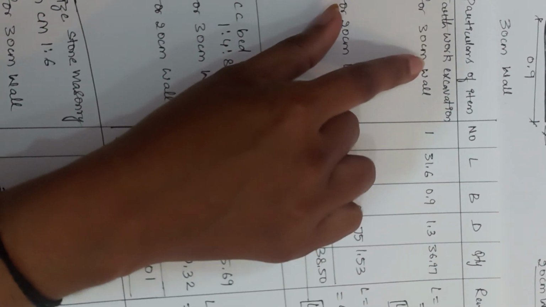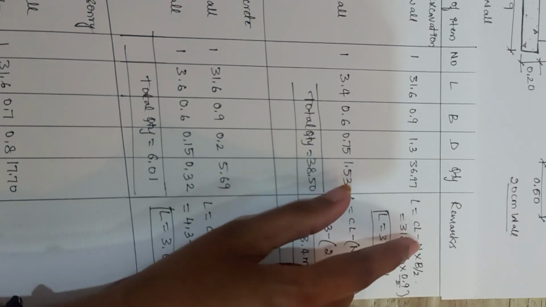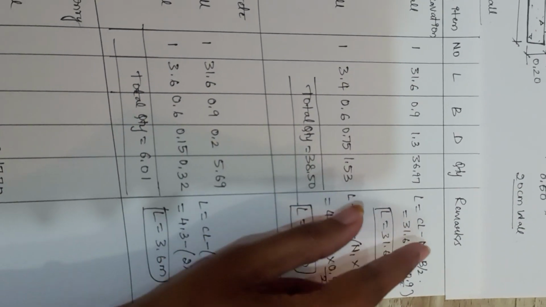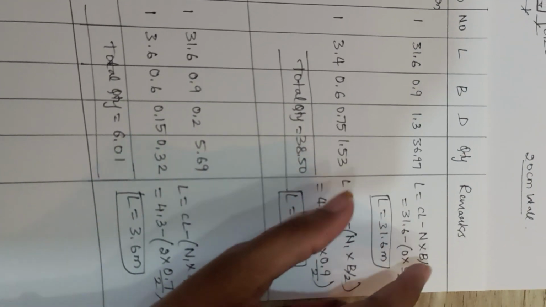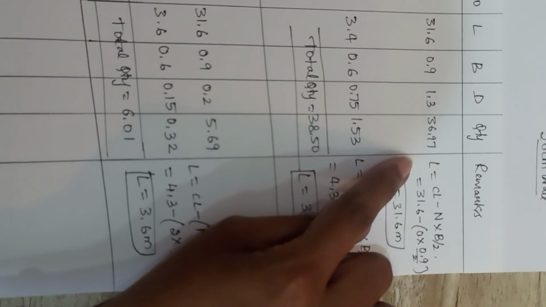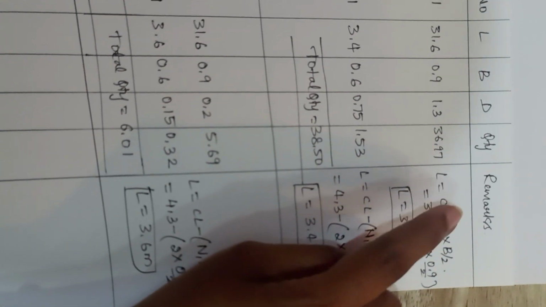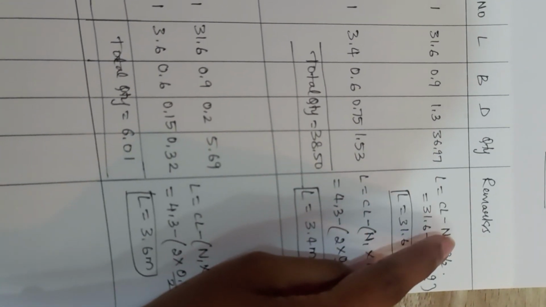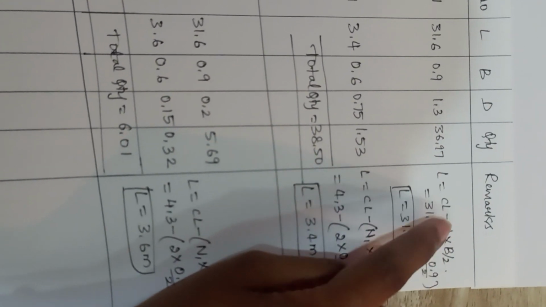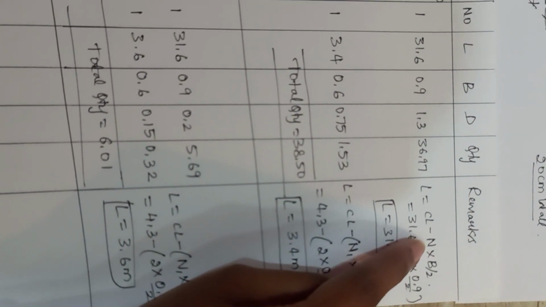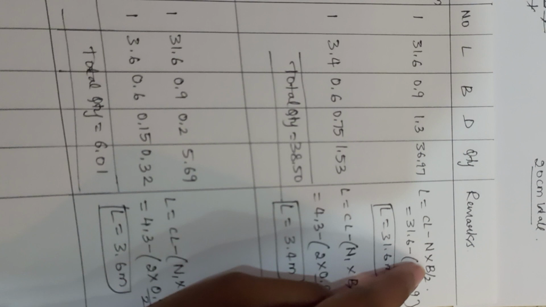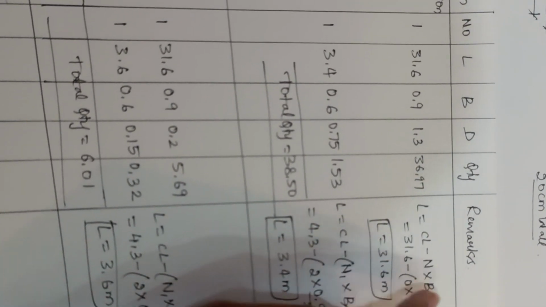To find the quantity of the 30 centimeter wall, you have to make use of a formula to find the length of each particular item, and the formula is L equals clear center to center length minus n into b by 2, where n represents the number of junctions of your 30 centimeter wall and b represents the width of that particular item of work.